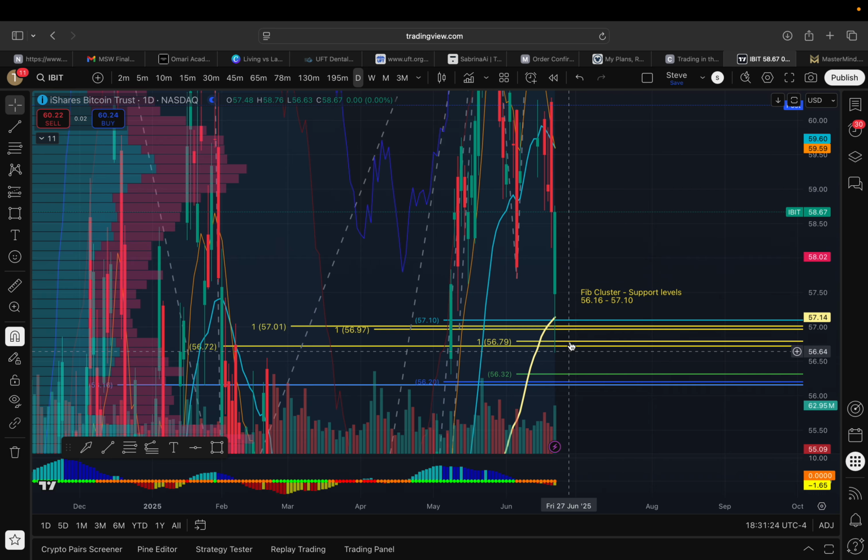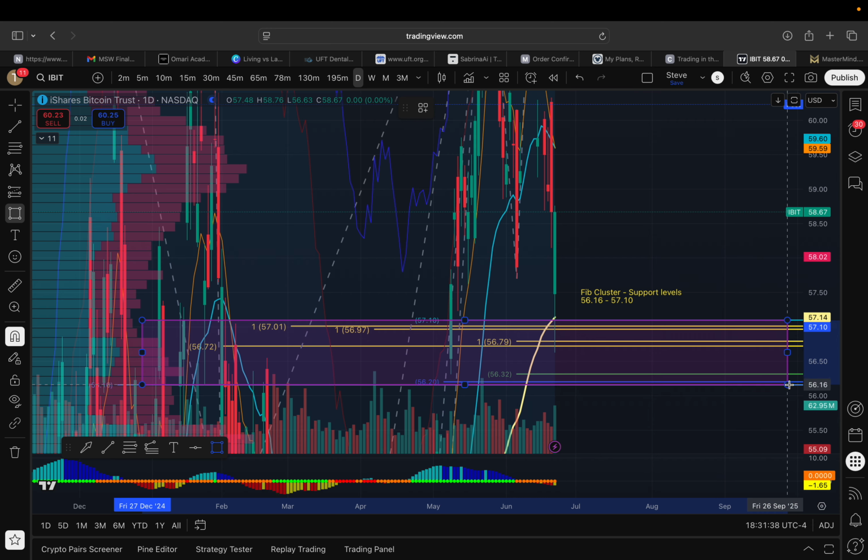That's this zone here. Now I'm also going to take a box and box the zone, just so that it helps me better visualize what's going on.